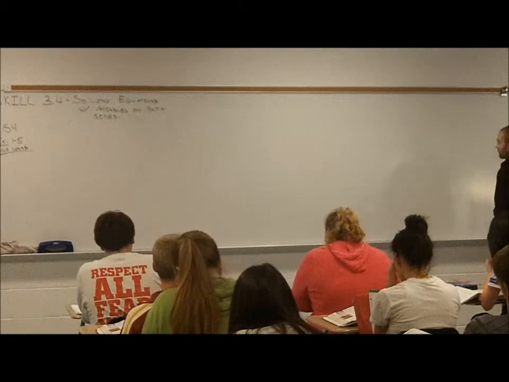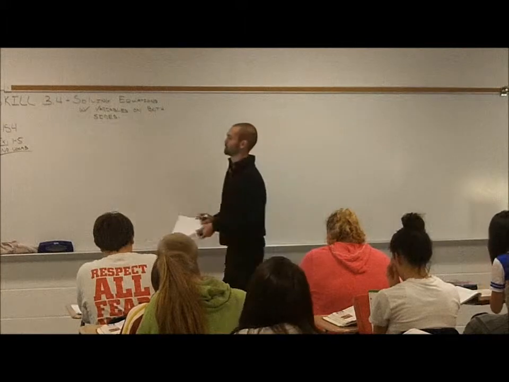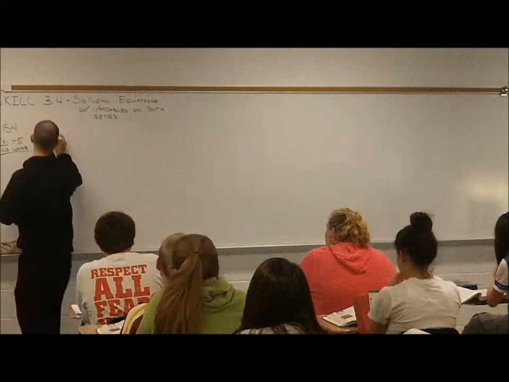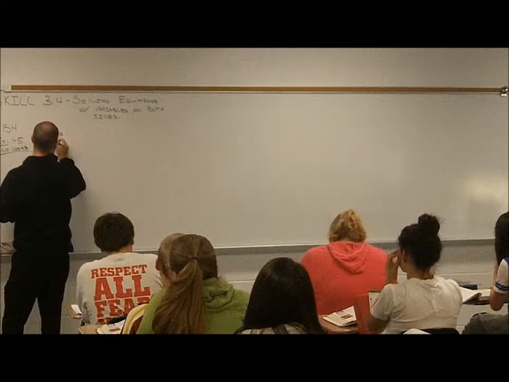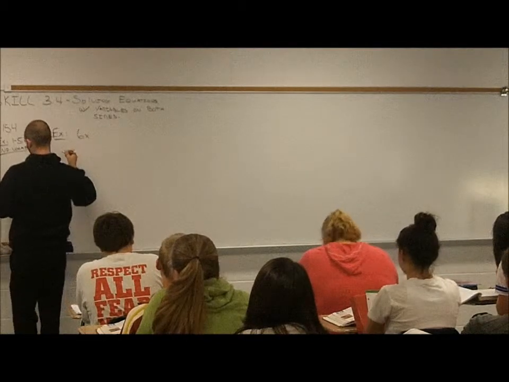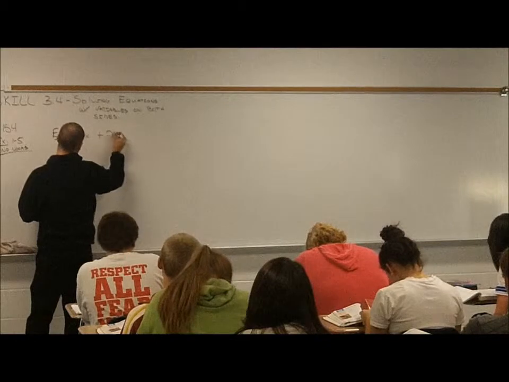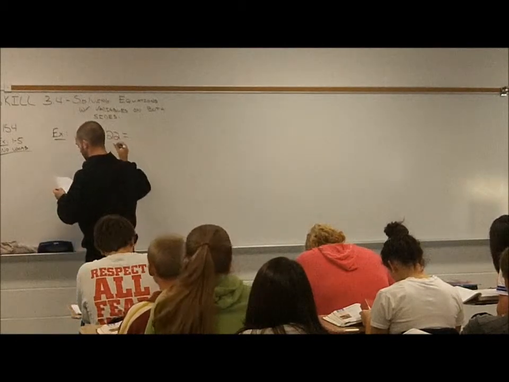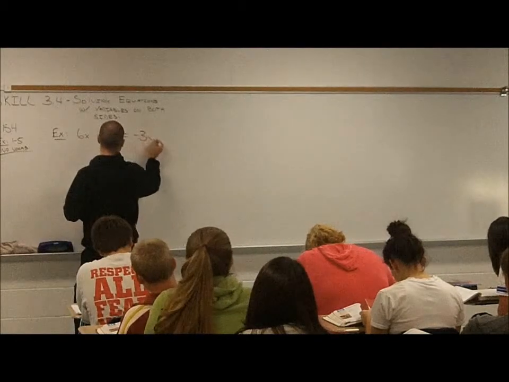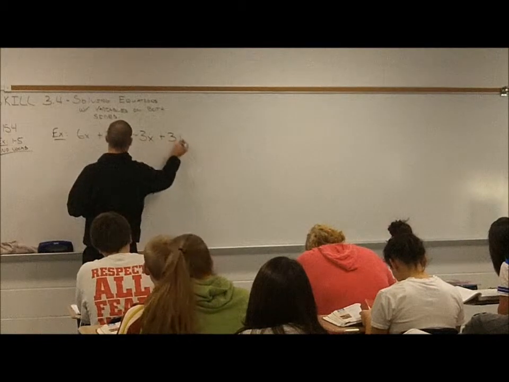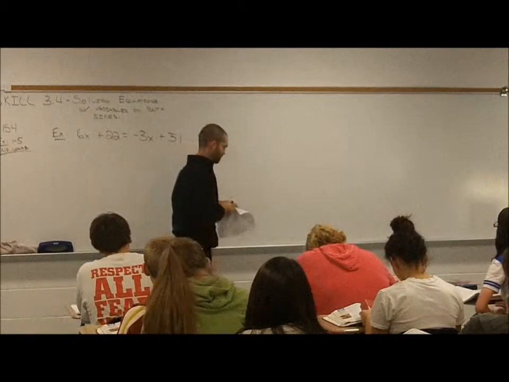So our first example here, we have 6x plus 22, and that's equal to negative 3x plus 31.